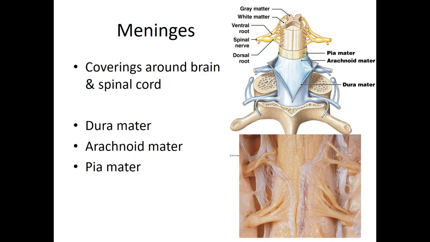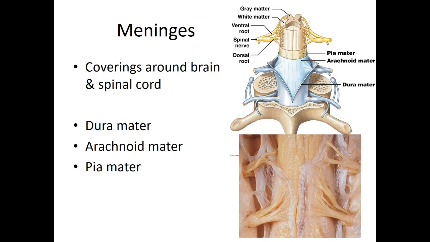And so that looks like kind of a spider web. And it extends down into this layer that is the covering closest to the nervous tissue, called the pia mater. Now, pia mater is literally translated as gentle mother.